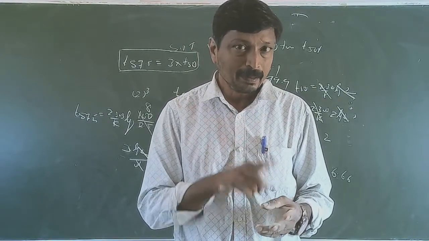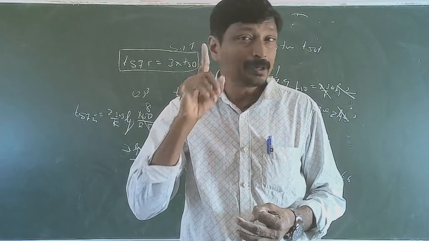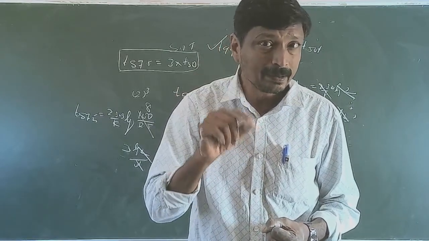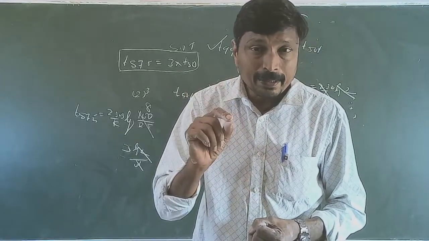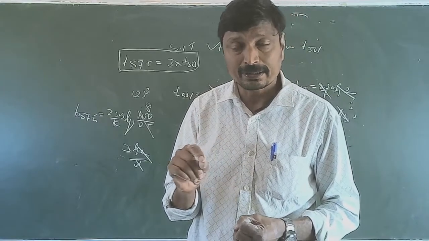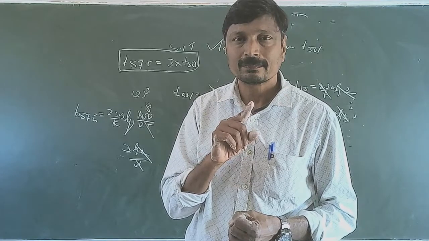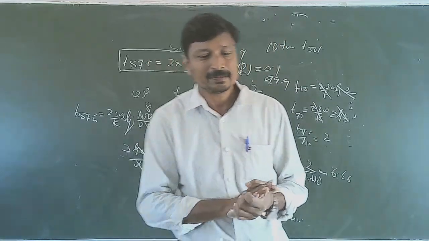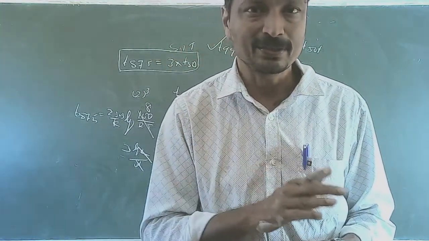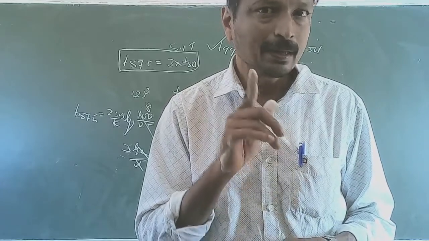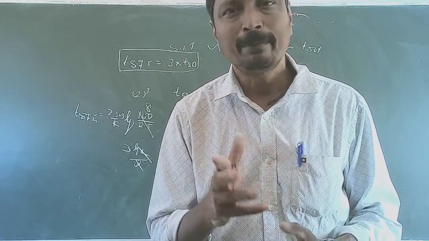For zero order reaction, half-life period is directly proportional to initial concentration. For first order reaction, half-life period is independent of initial concentration. Whatever the concentration, the half-life period is the same.